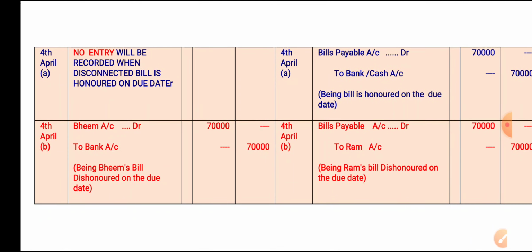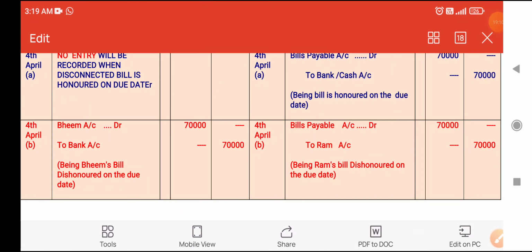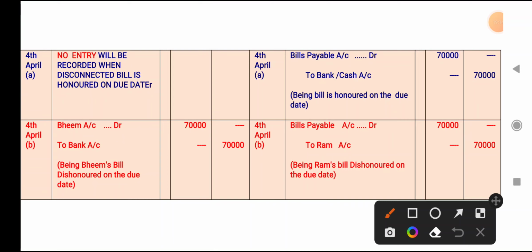So next part is somewhat more interesting. So here you see this one. On the due date, what is happening? 4th April, when the bill is honored, no entry will be recorded when a discounted bill is honored on the due date.